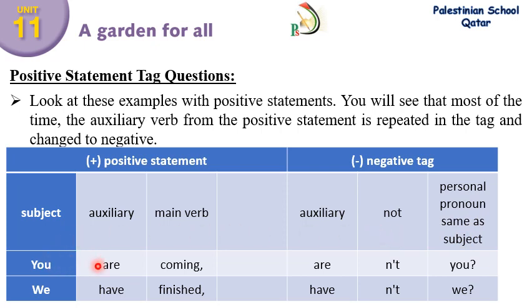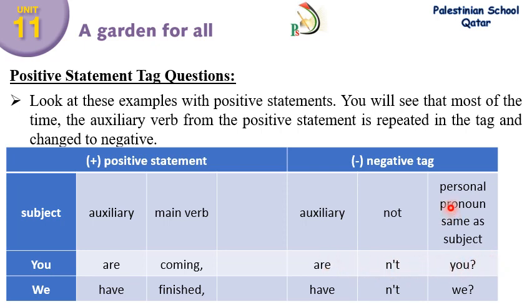For example, you are coming. You, subject, are, auxiliary, coming, main verb. Now, negative tag, auxiliary are, not, you. Aren't you?